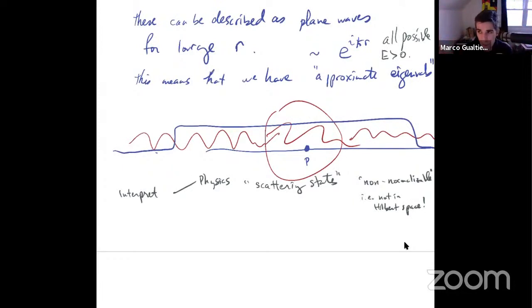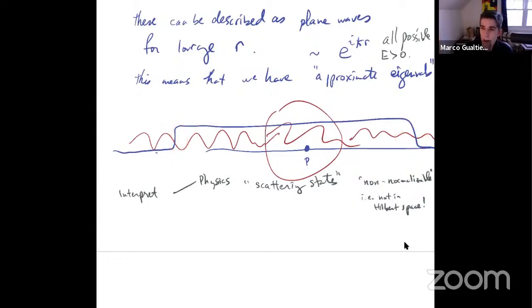Then it would be in L2, but the problem is that it wouldn't really be a solution. So it would not be an eigenstate. But if we apply the operator to it, the place where it fails to be an eigenstate is right in this area, the area where the bump is happening.